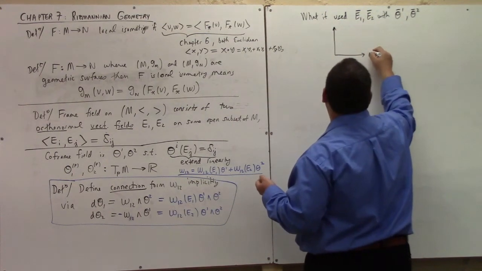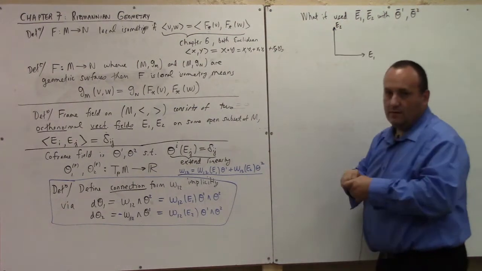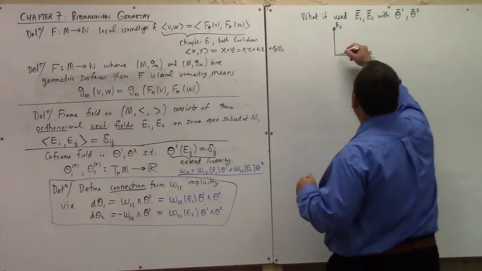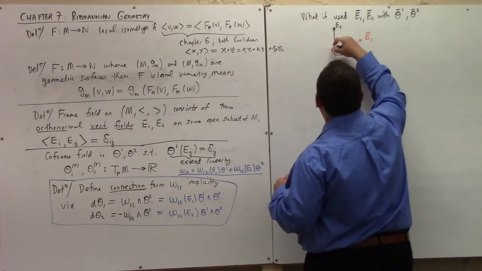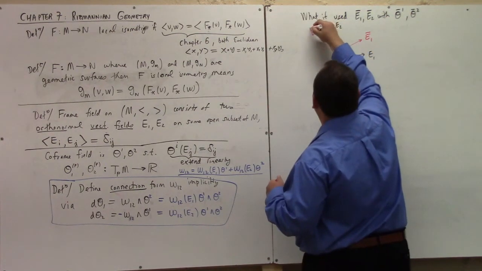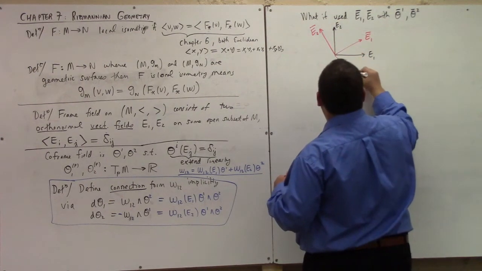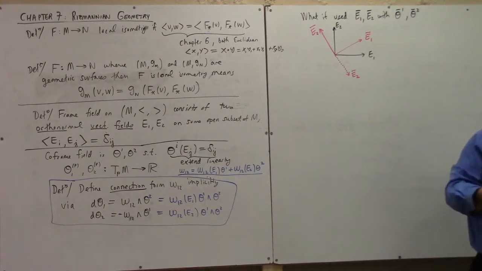So if this is the E1 and E2 direction, then E bar 1 has to be perpendicular to, well, E bar 2 could either be here or it could be here. I mean, there's two choices for an orthonormal field. Once you pick one, you've got a plus or minus direction for the other.